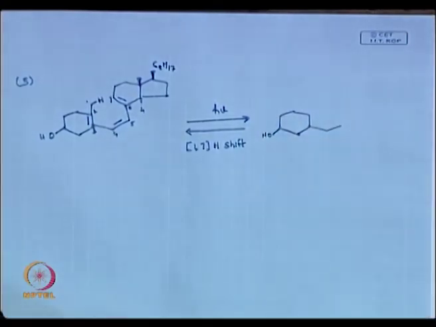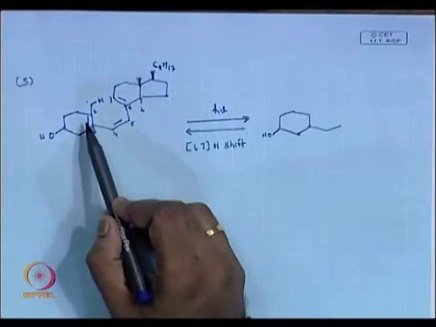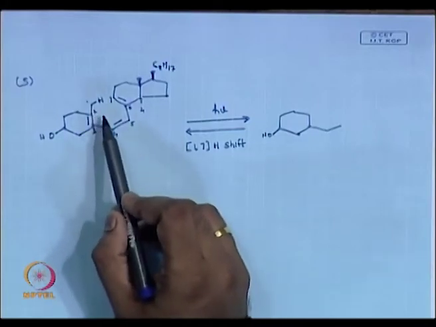Suprafacial 1,7. One seven is what system? What electron system? 4n system.